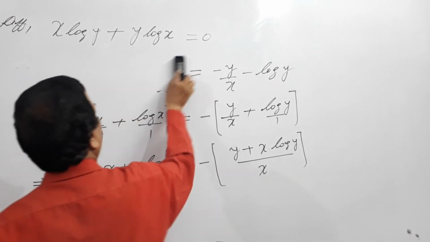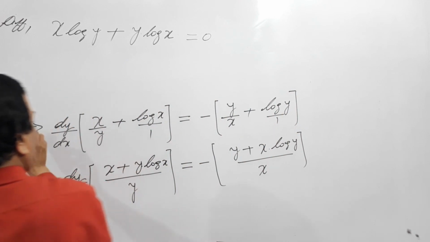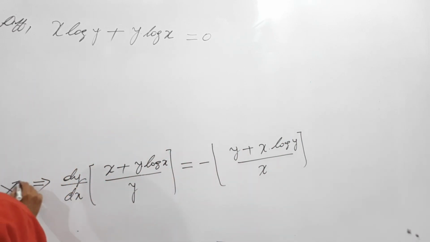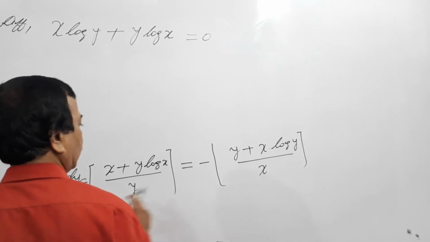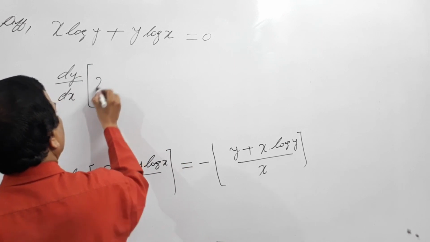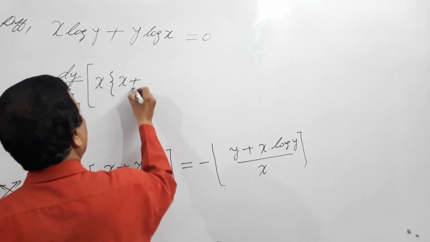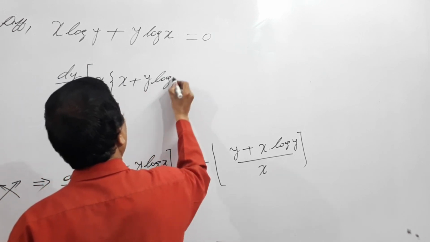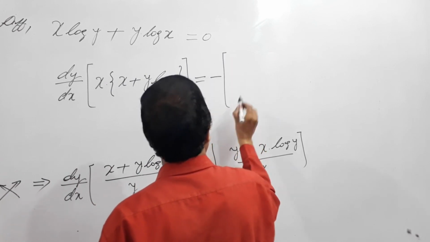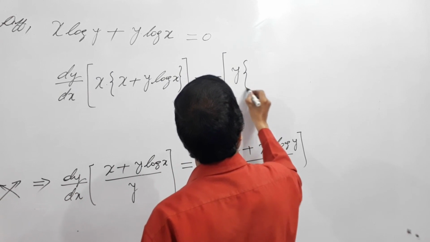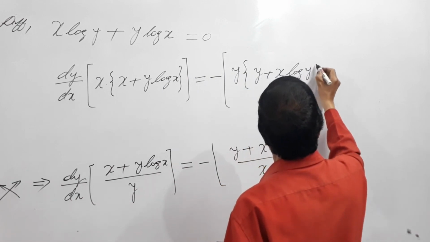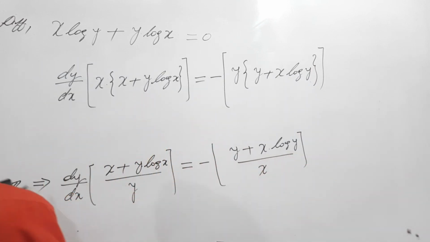So x into dy by dx into (x plus y log x) equals minus sign, y into (y plus x log y).